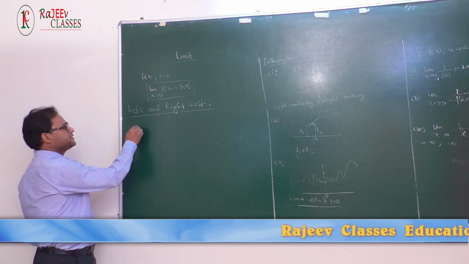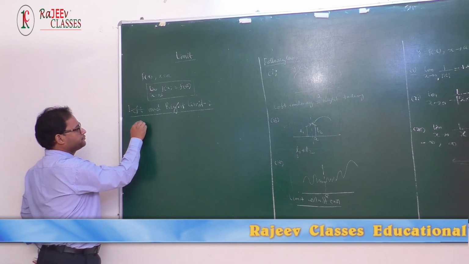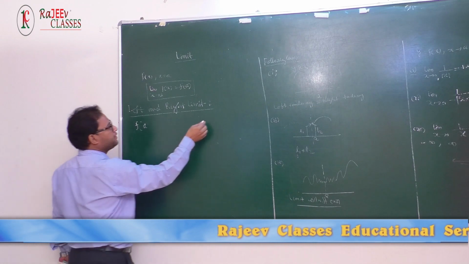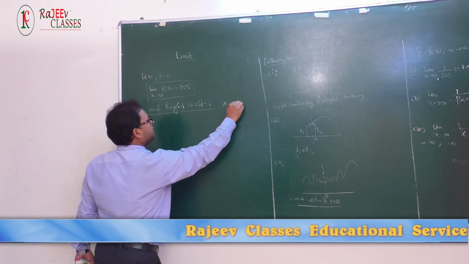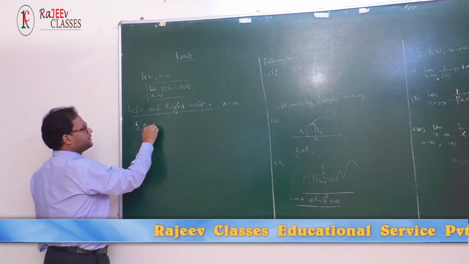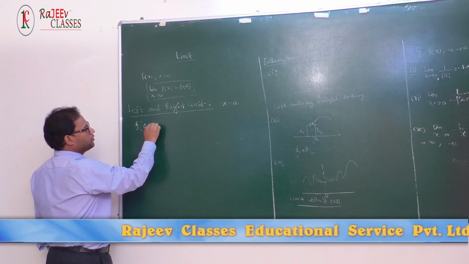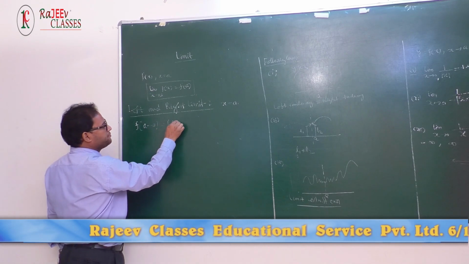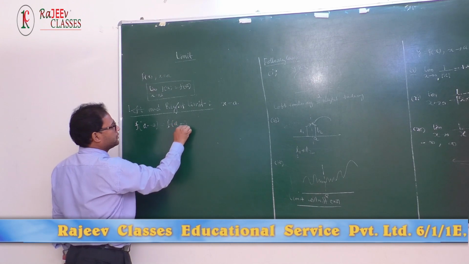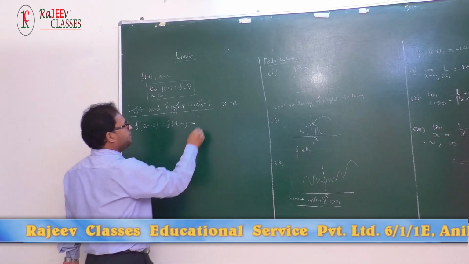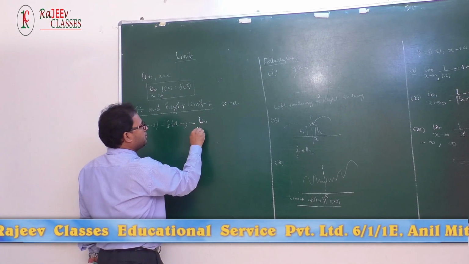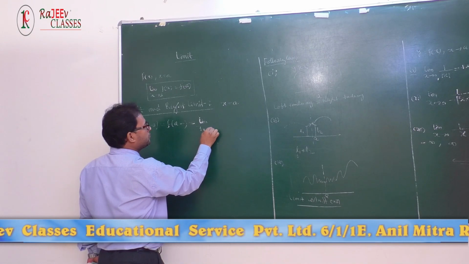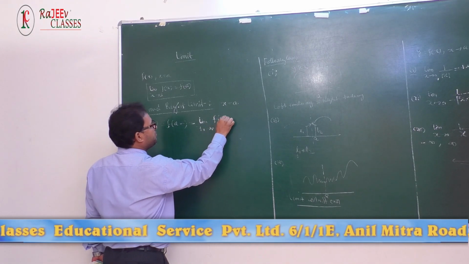When we consider the point x equal to a, the left hand limit is written as f(a minus 0), or simply f(a minus), and it is defined as limit h tends to 0 of f(a minus h).